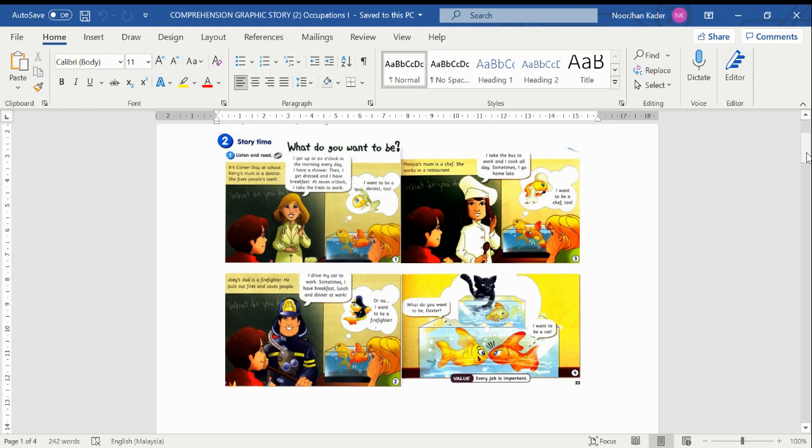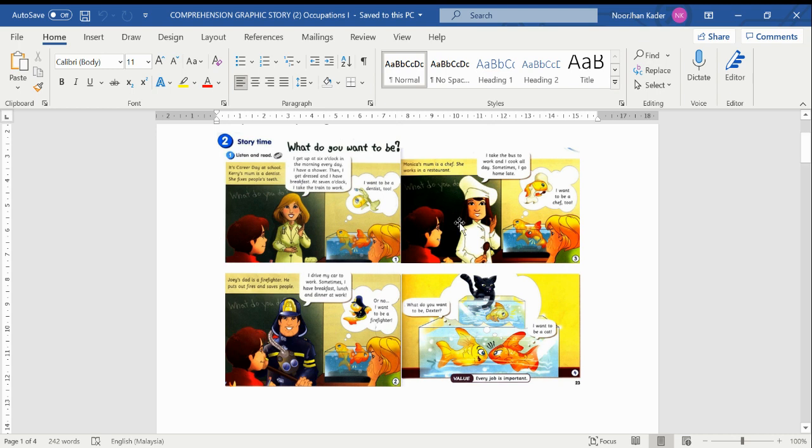But here, when you write answers to comprehension questions, you have to take note of every detail, because these comprehension questions will require you to answer details of the story in each frame.